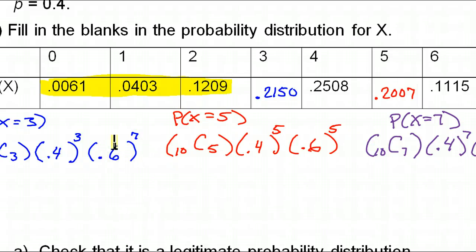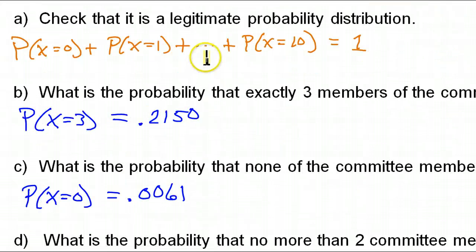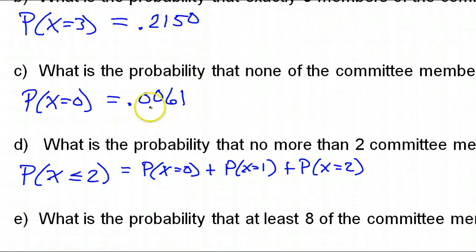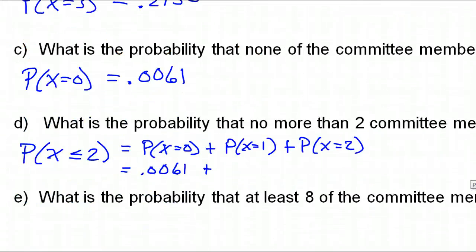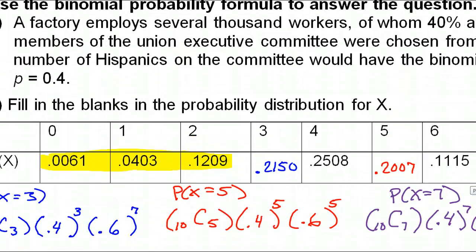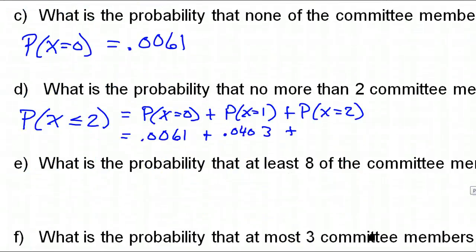So I'm just going to do that off camera here verbally. So if I do 0.0061, maybe I better write it down, 0.0061 plus 0.0403 plus 0.1209.